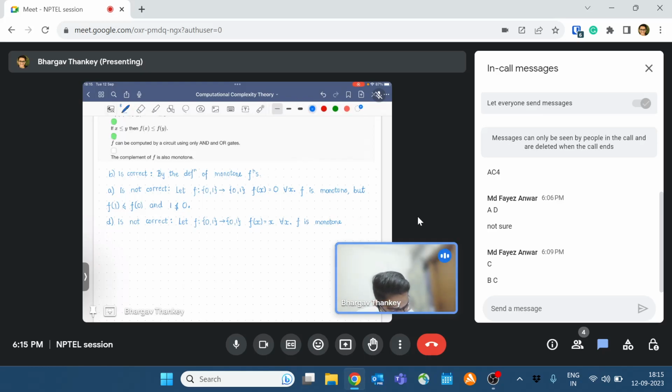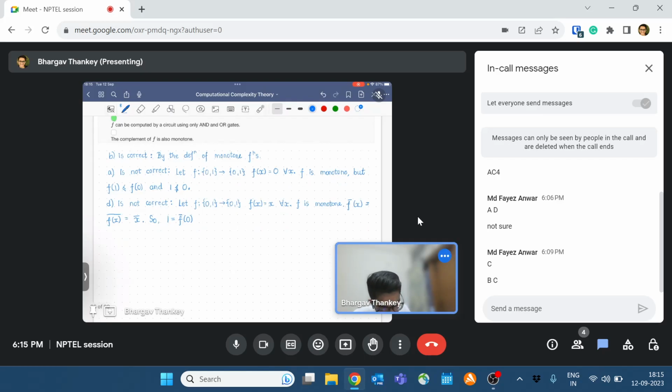Now what is f complement? f complement of x is equal to the complement of f of x, which is just x complement, right? So 1 is equal to f complement of 0, because f of 0 is 0. Sorry, I should have written it like this.